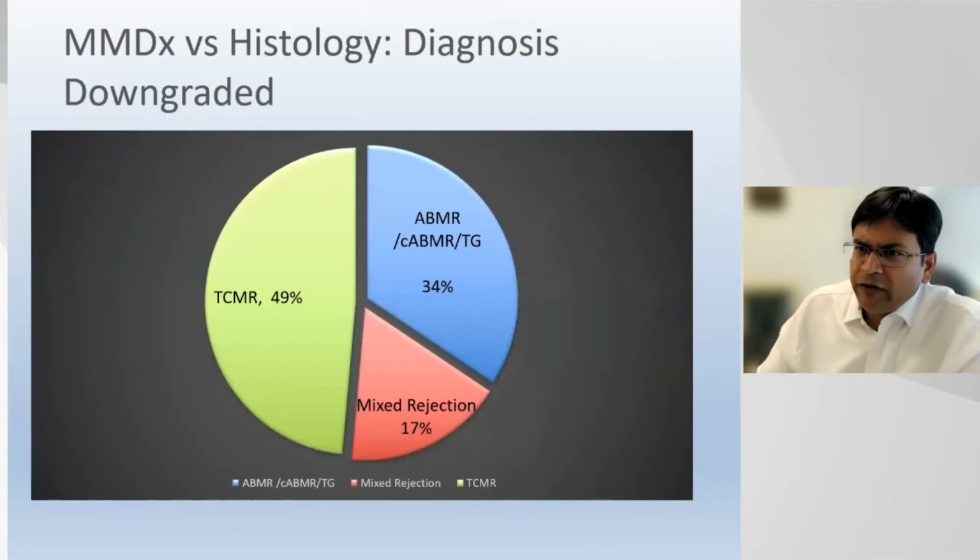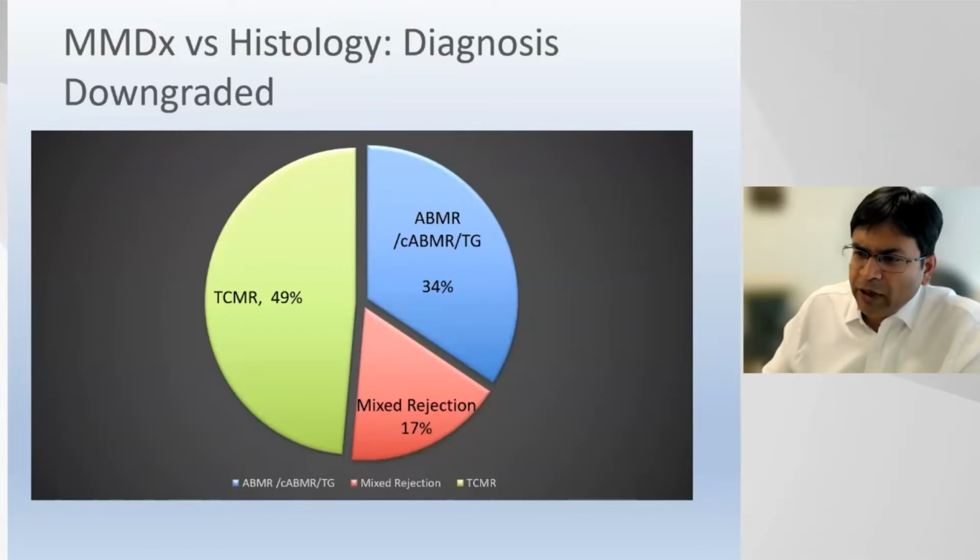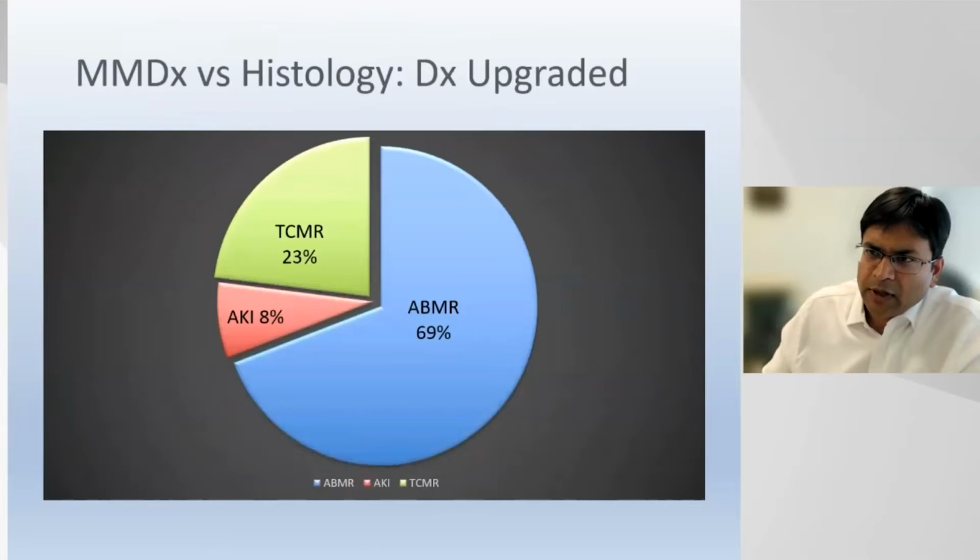When we look at the cases where the diagnosis was downgraded, nearly half of those cases had T-cell mediated rejection on histology, but not so on MMDx. Around a third or so had antibody-mediated rejection on histology, but not so by MMDx. So this, again, as you can imagine, has pretty significant management implications for the patient.